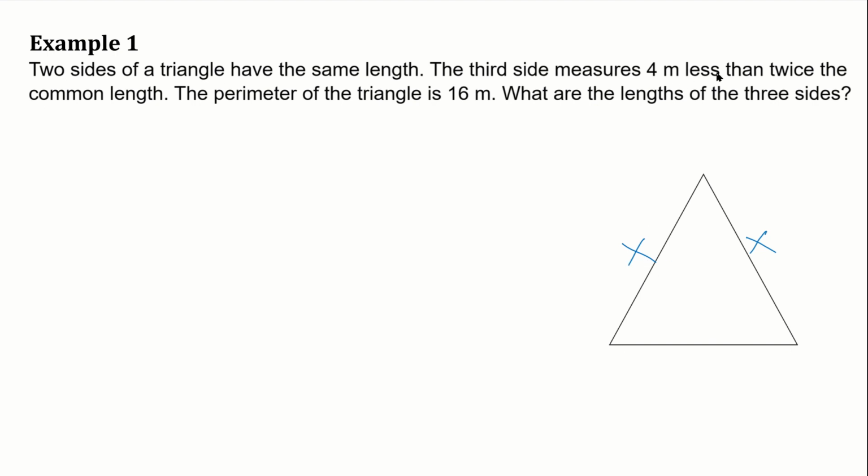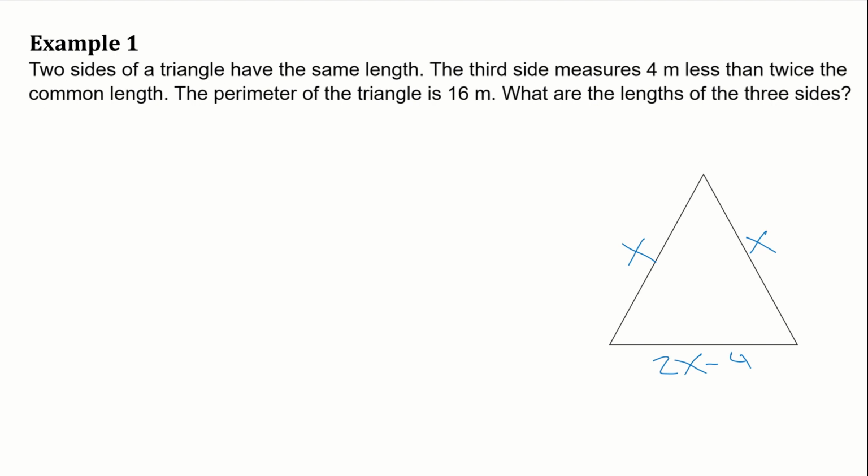It measures 4 less than twice the common length. So when you see an expression like that, something less than something else, start with what comes after "less than" first. So twice the common length will be 2x. Now reduce that by 4, so minus 4, like that, okay?